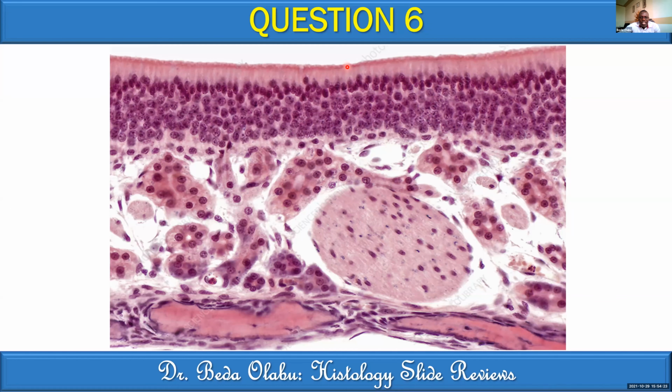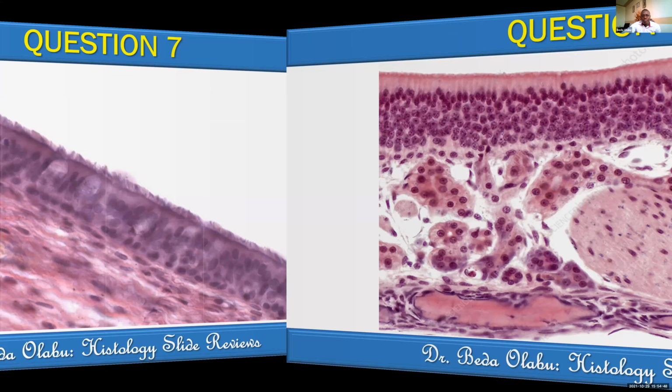It tells you that it's a sensory epithelium. The correct name for this one is olfactory epithelium. Pseudostratified columnar ciliated epithelium, without goblet cells. The cilia are not that prominent though. All right, 7.